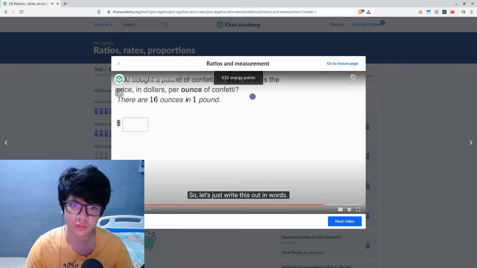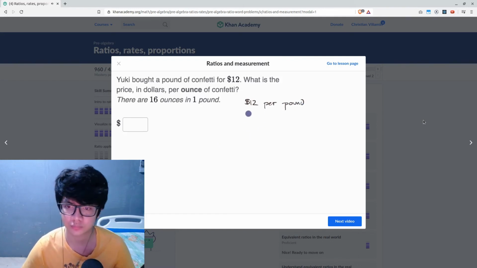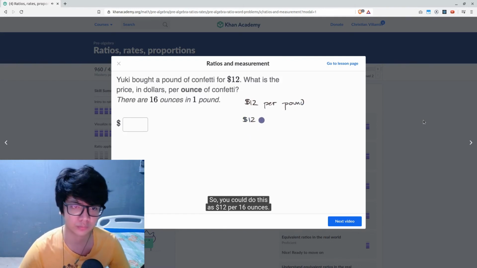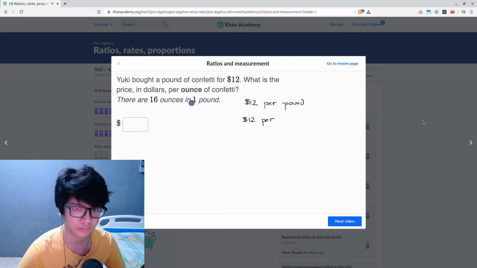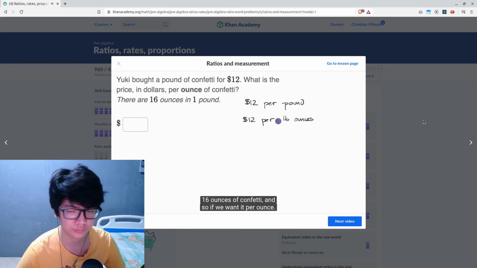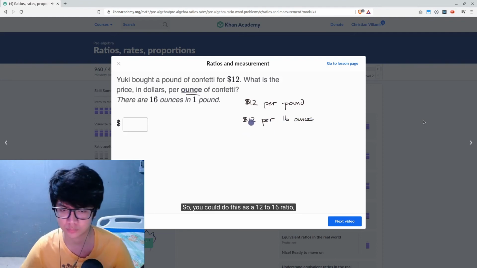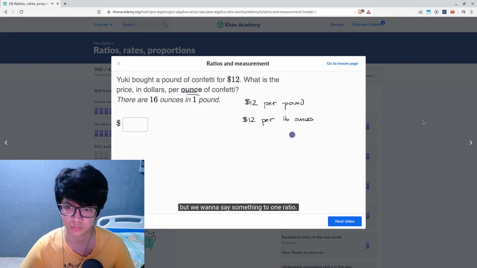So let's just write this out in words. So it's $12 per pound of confetti. So you could view this as $12 per 16 ounces of confetti. And so if we want it per ounce, you could view this as a 12 to 16 ratio, but we want to say something to 1 ratio.